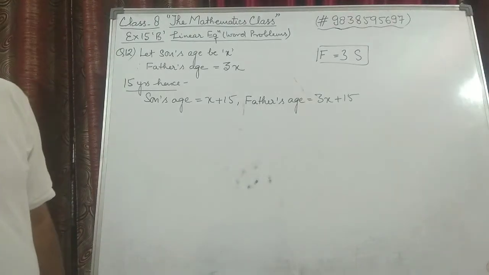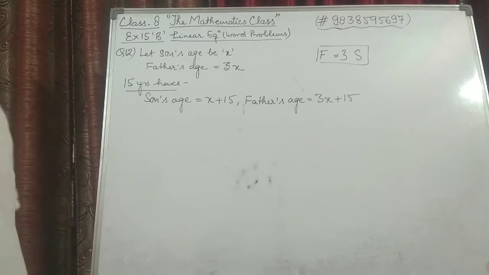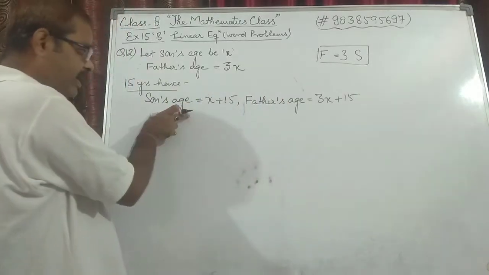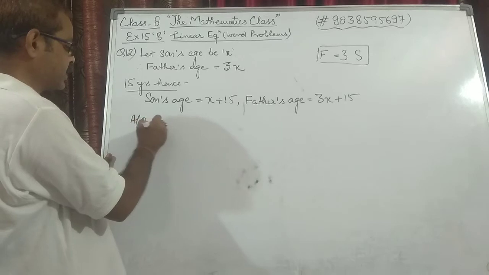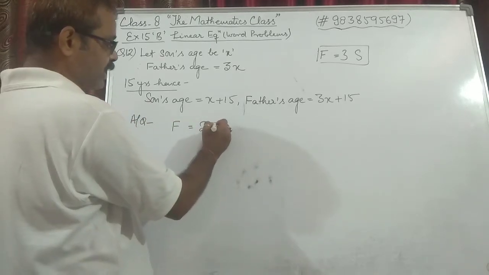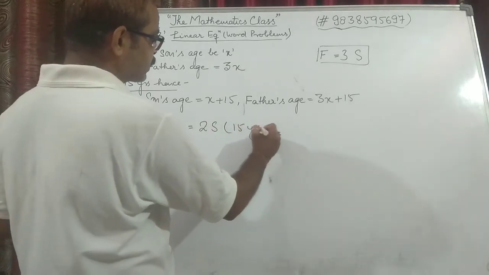Now what do they say? They say 15 years hence he will be twice as old as his son. According to the question, the father will be twice his son's age 15 years later.